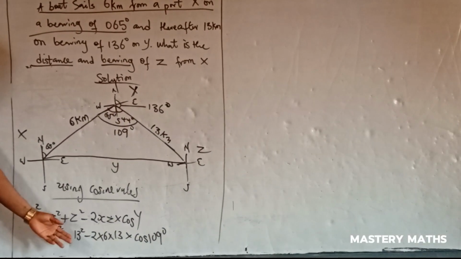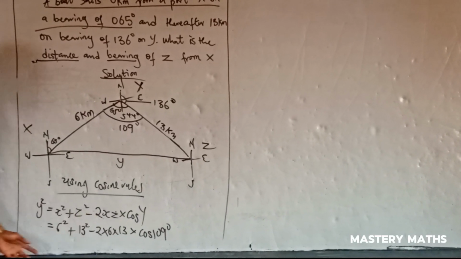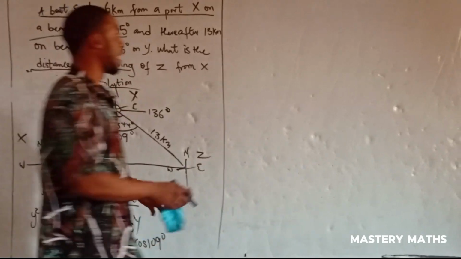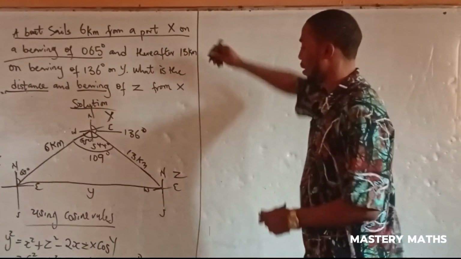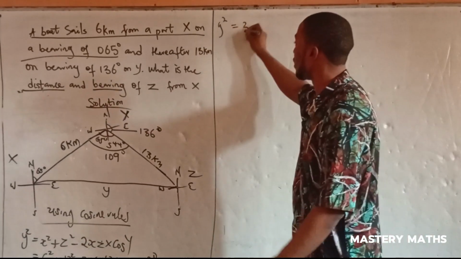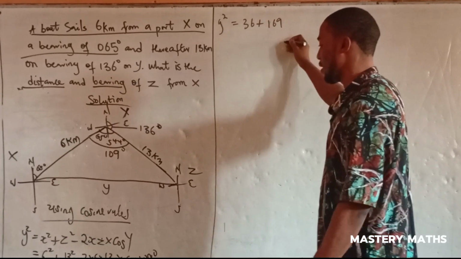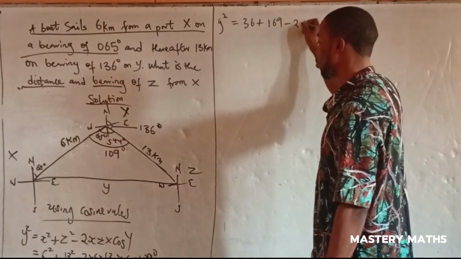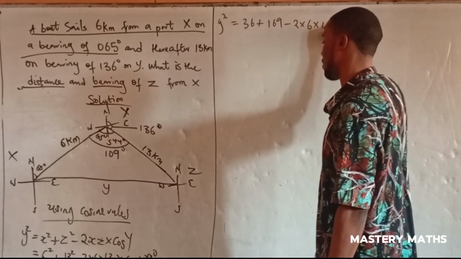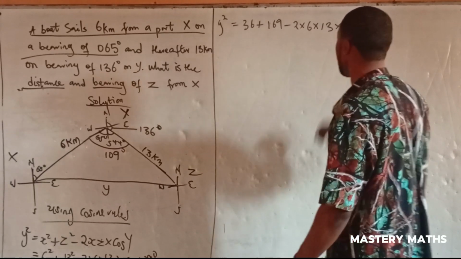We've substituted all this. Then having done this, we need to solve. Coming to this part, your y squared will be equal to 6 squared is 36 plus 13 squared 169, minus 2 times 6 times 13 times cos 109 degrees.